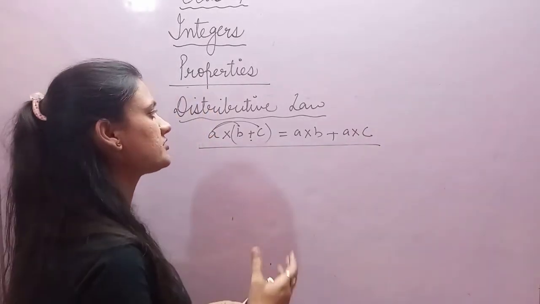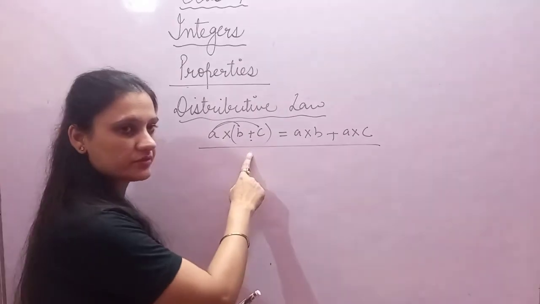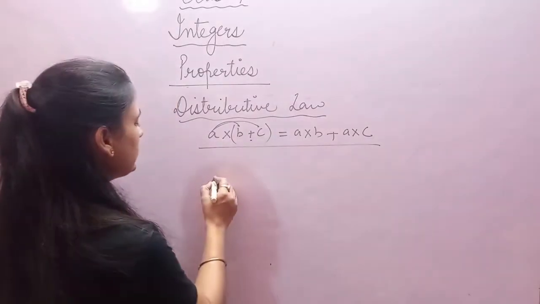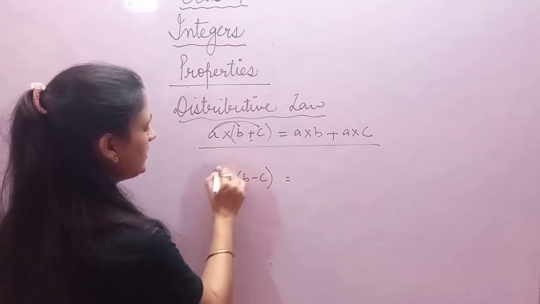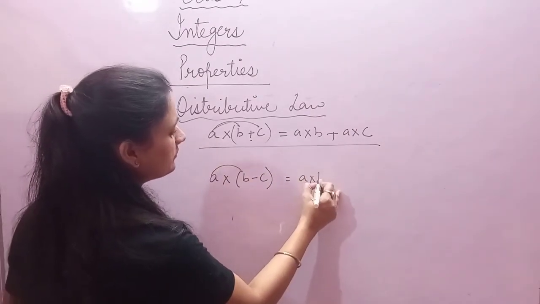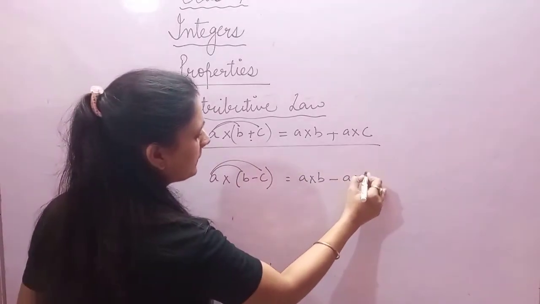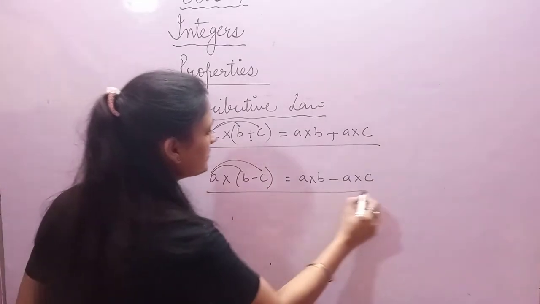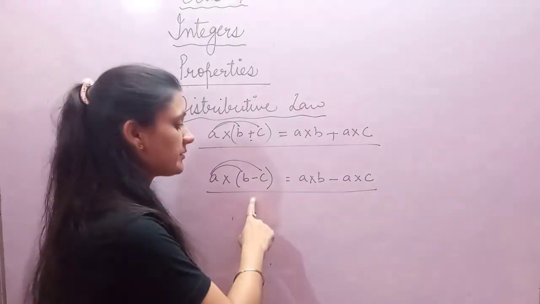Or we call it distributive property of multiplication over addition. Okay. Another is, if subtraction is given in between, then it is A multiply B minus A multiply C. Again, this is distributive property of multiplication over subtraction.